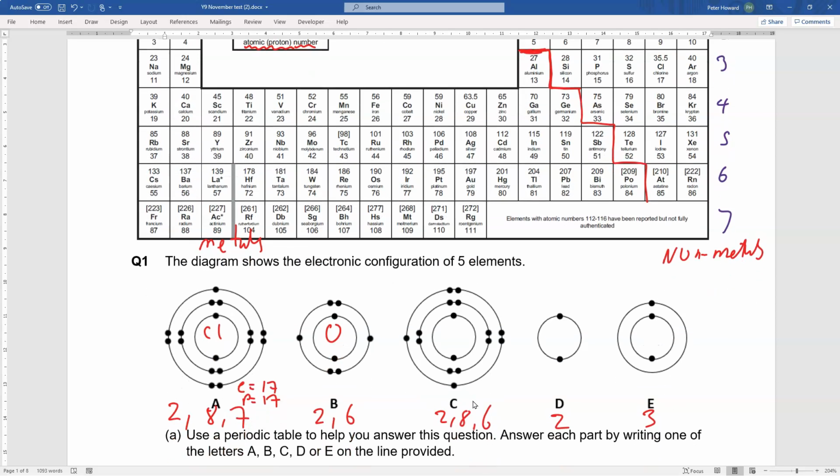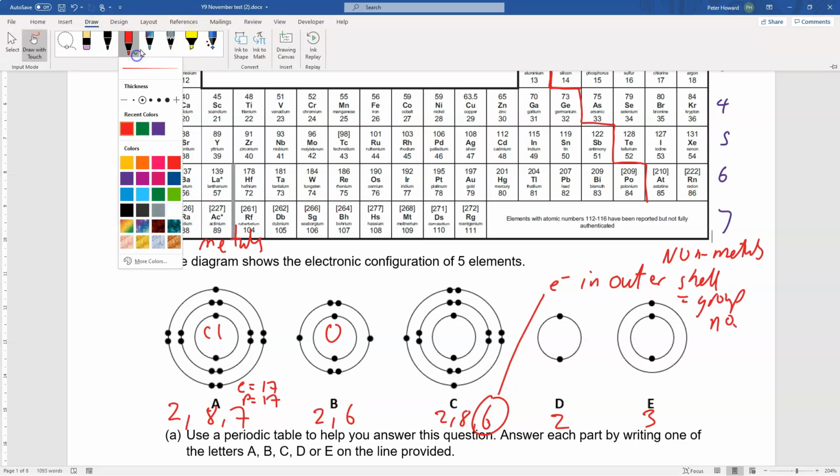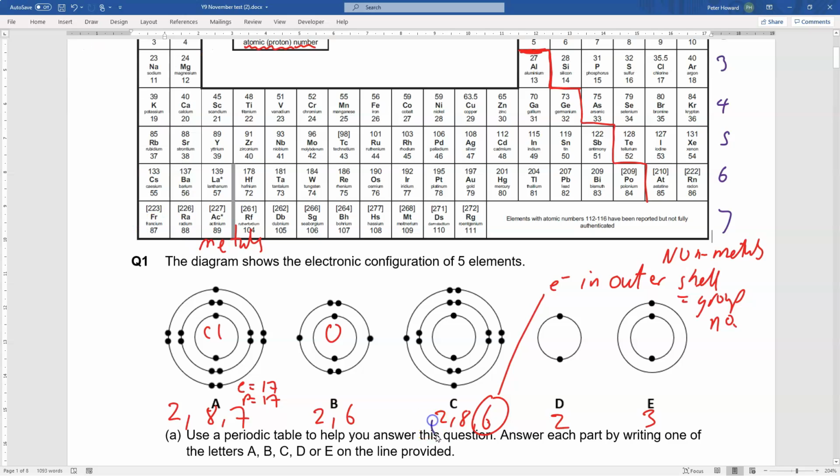To speed it up, I know that the number of electrons in the outer shell is equal to the group number. So that's group 6. We can also see it has 3 shells: first shell, second shell, third shell.